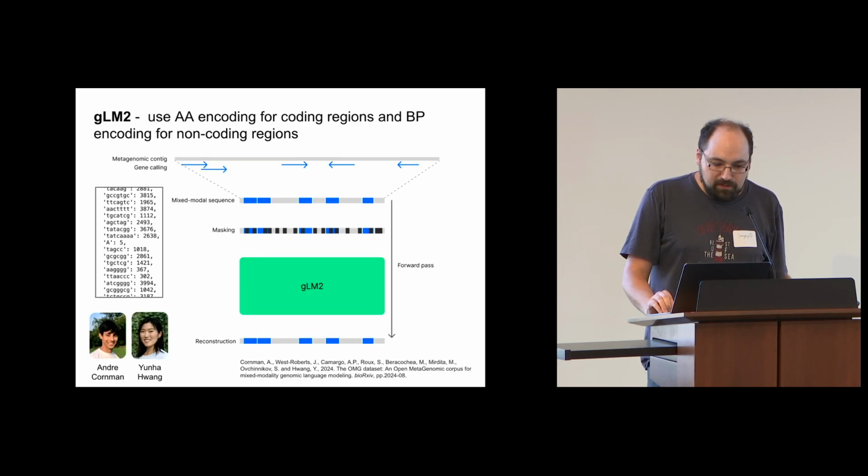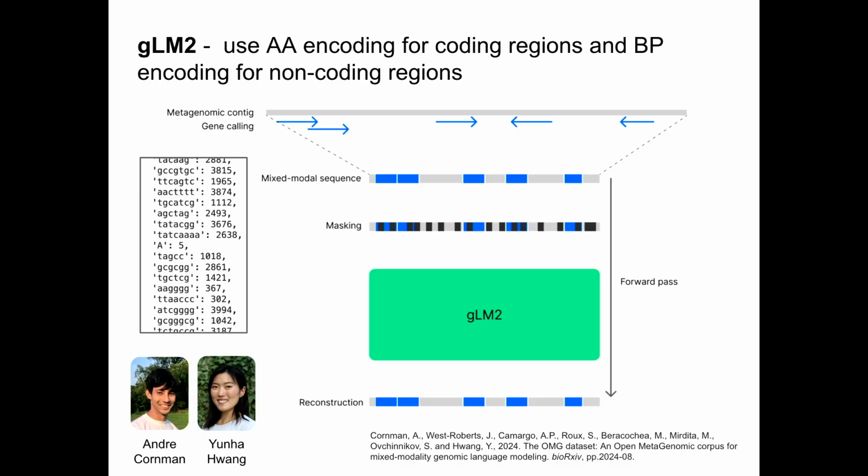Luckily for us, in collaboration with Yuna and Andre from the Tata Bio company, they said, what if we train a new language model, but in this case we purposely use just amino acid encoding for the amino acid positions, and then use BPE encoding for the rest of the DNA parts.